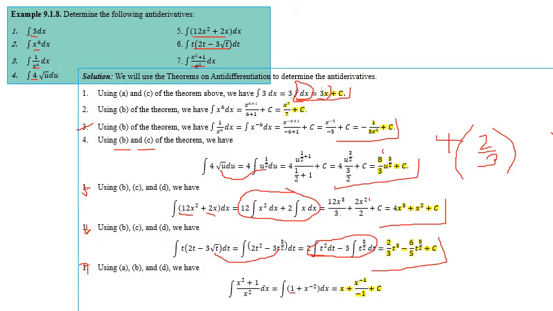Tapos, 1 over x squared is equal to x to the power of negative 2, gaya ng example natin sa number 3. Basta monomial ang divisor, i-divide sa bawat term. So, x squared divided by x squared equals to 1, plus 1 over x squared, na i-express sa negative exponent, that's why naging x to the power of negative 2.